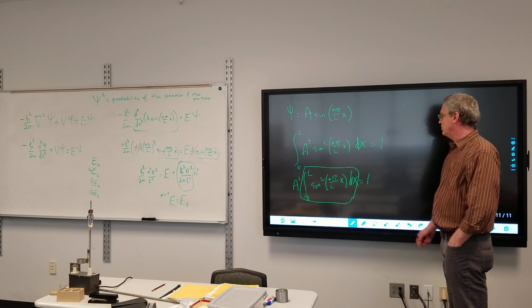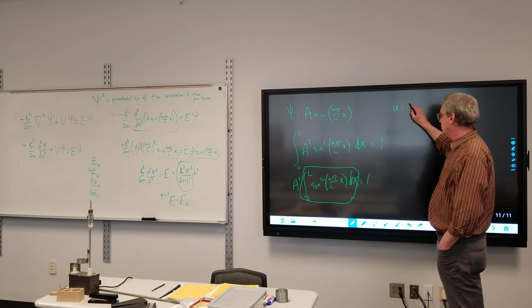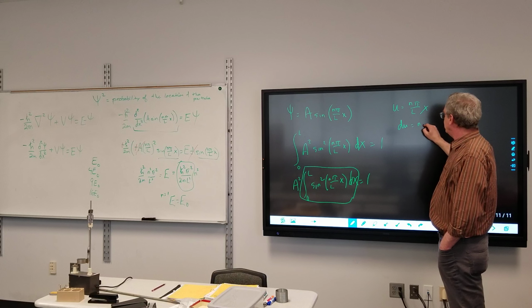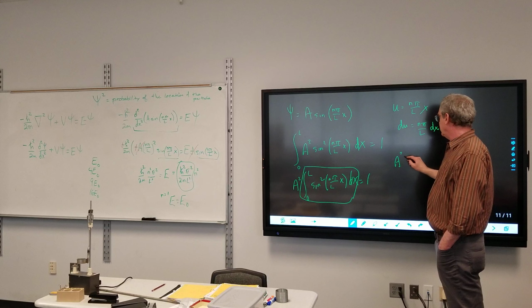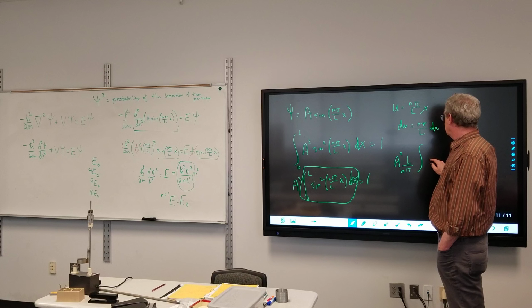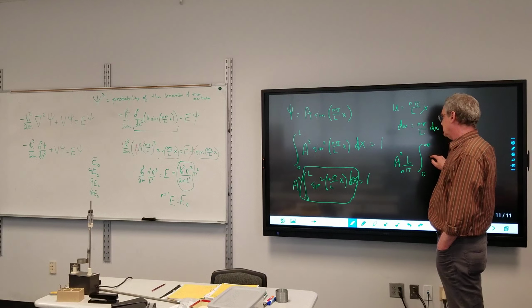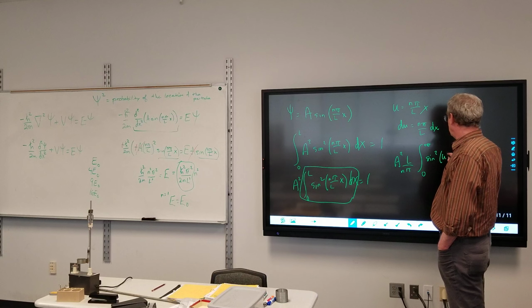It's probably going to give you 2 in terms of a single thing there, so let's do a little u substitution while you're doing that. So let u equal n pi over L x. du will be n pi over L dx. So we'd end up with A squared L over n pi integral from 0 to L, so from 0 to n pi, sine squared u du.